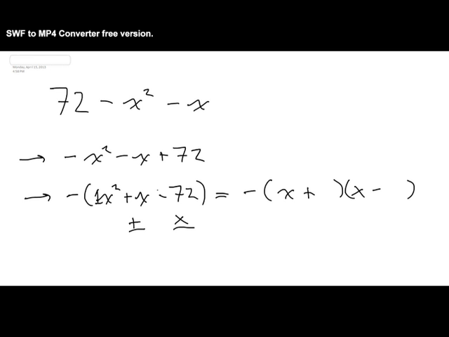And in this case, the bigger number has to be positive so that when we add them together, it's still positive. Well, two numbers that multiply to make 72, that's 9 times 8. So what fits is positive 9 and negative 8. And if we add these together, we definitely get 1. So our final factored form is the negative of x plus 9 onto x minus 8. So let's try another one.